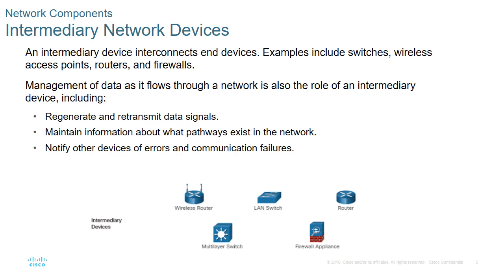There are different types of intermediary devices, for example switches, routers, wireless access points, and firewalls. We already discussed the usage of the switch. Now we'll see the use of the router. A router is also an intermediary device. It is used to interconnect two local area networks.